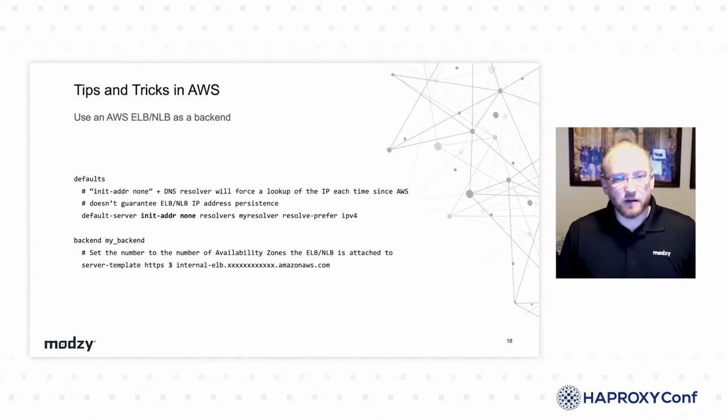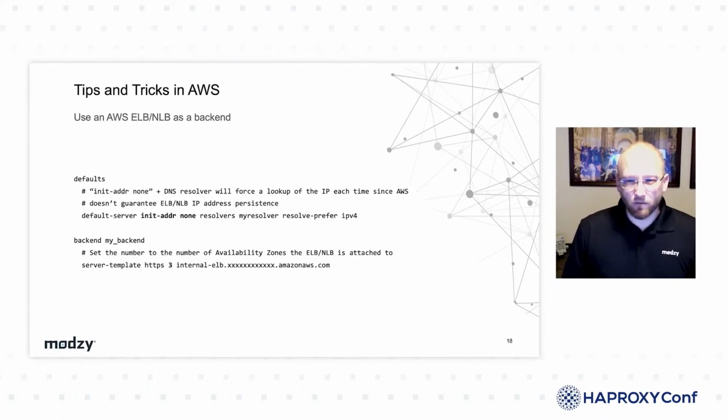The second one is when you initialize your backend and you use server-template, you can set the number of templates to the number of availability zones that the ELB or NLB is deployed in. What will happen behind the scenes is it'll be the equivalent of HAProxy listing out individual servers in that backend for each of the IP addresses that are represented by that load balancer DNS name.